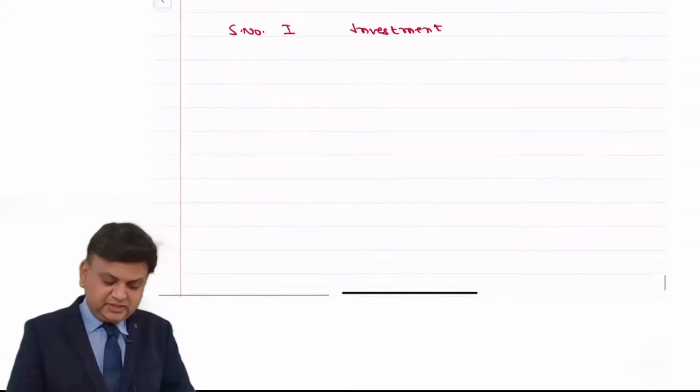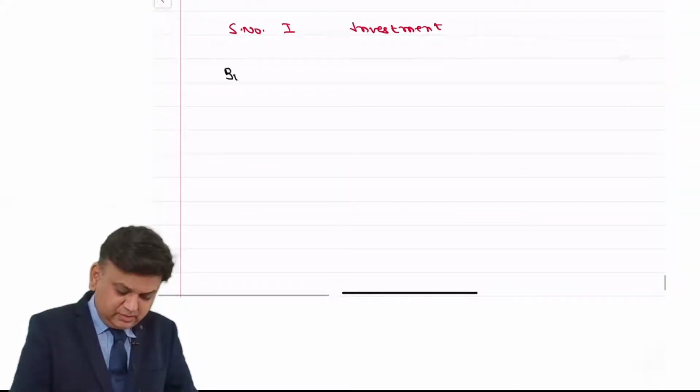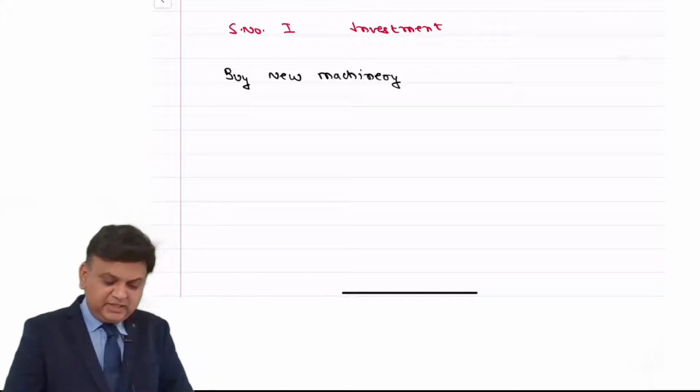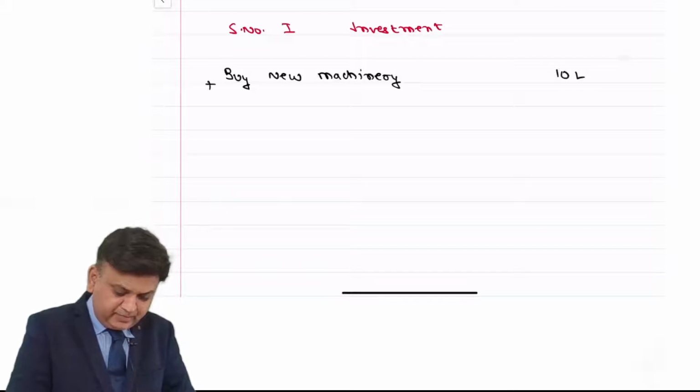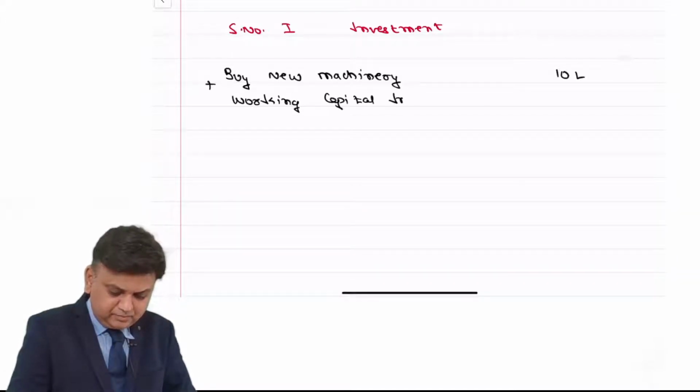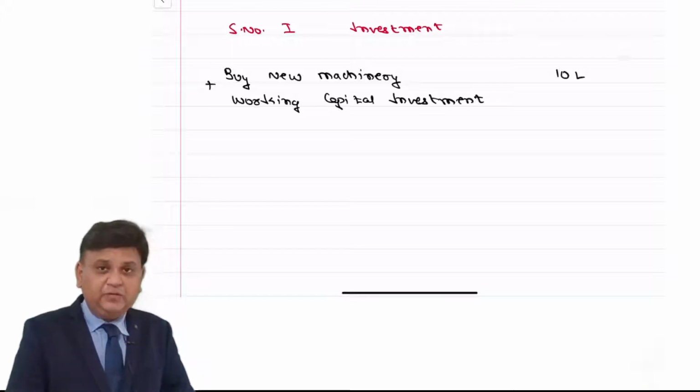I request you to write down the answer for the question. Buy new machinery, that is an amount of 10 lakhs, plus working capital investment for the new machinery.